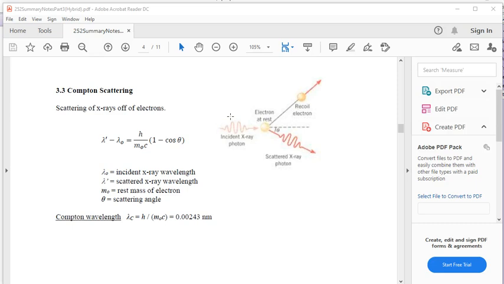And the observations that people saw, they couldn't really explain using the wave model of electromagnetic radiation, but the photon model was successful. Some history. So X-rays are called X-rays because people really didn't know what they were. They discovered them by accident, and you may have read about this.